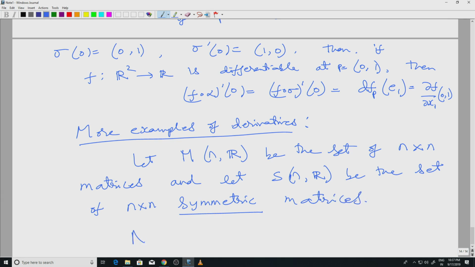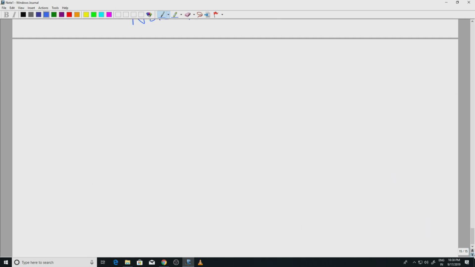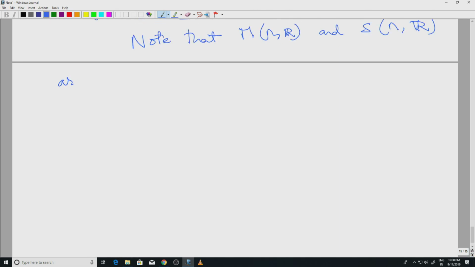Note that both of these are vector spaces with the usual operation of matrix addition and multiplication by a scalar.